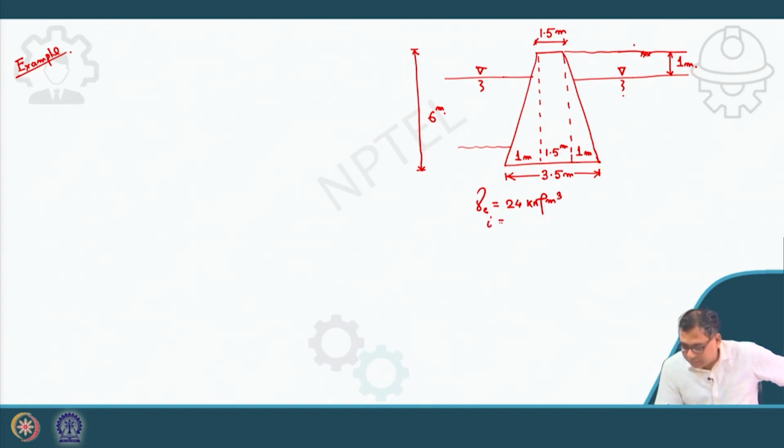Obviously, the i value is equal to 0. Now, what is the beta value? Beta value we can easily calculate, because you know this is 1 meter, this is 6 meter.